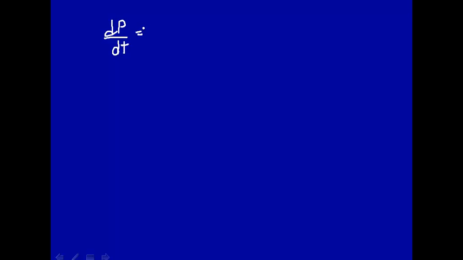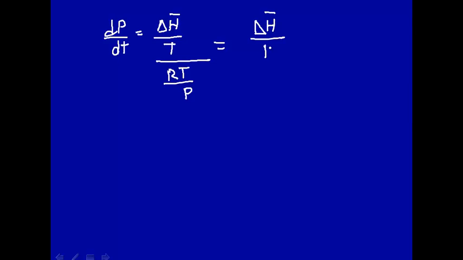Substituting in for delta S, we got delta H over T. And substituting in for delta V, we have RT over P. Now that's not really arranged, so let's rearrange this. This will just be delta H over R, and this will be 1 over T squared, and this will be pressure. Okay, so that's all that written that way.